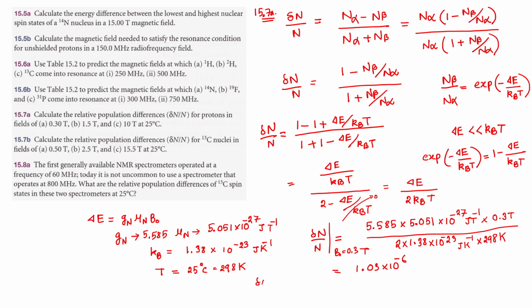So delta n by n at B equals to 1.5 Tesla is 5.14 into 10 to the power minus 6, and delta n by n at B equals to 10 Tesla is 10.3, 6.